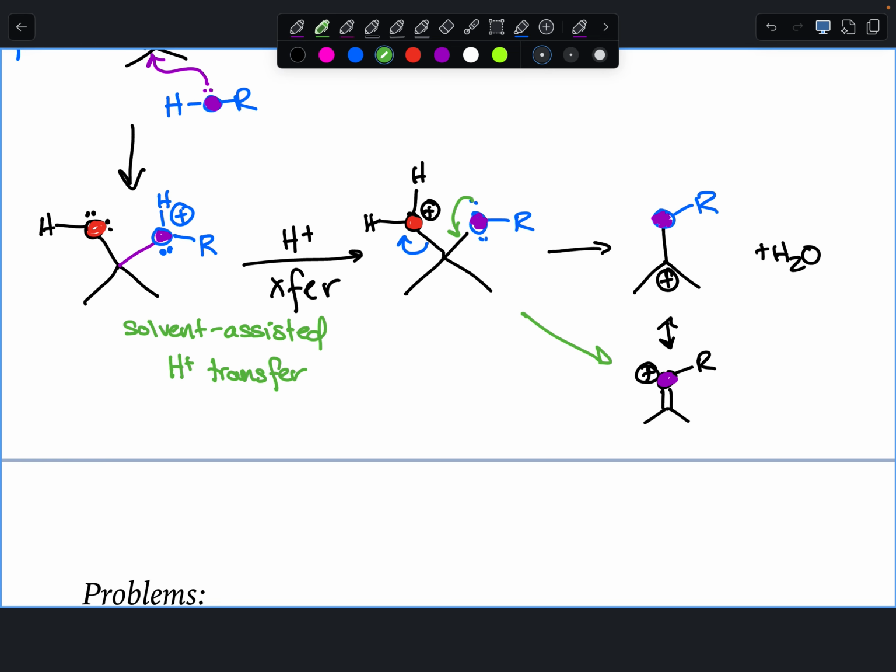I don't want to confuse anybody by simplifying this step, so please let me know if saying just H plus transfer simplifies it too much. I'm happy to draw in the detail if you want.